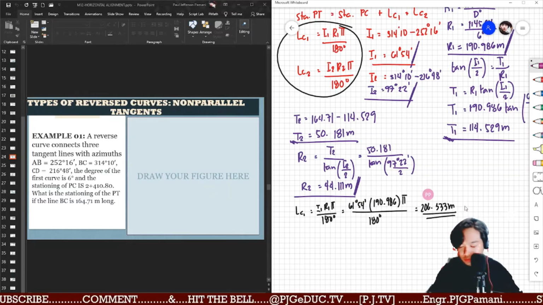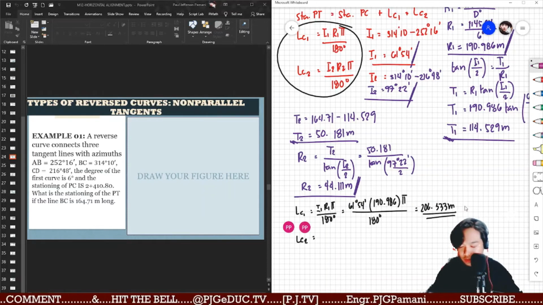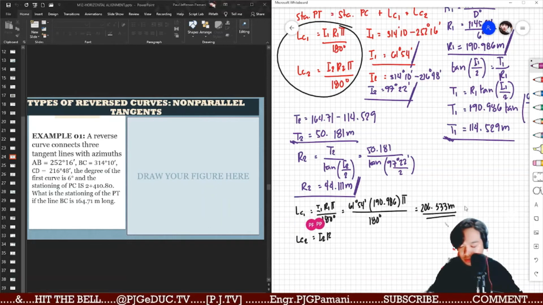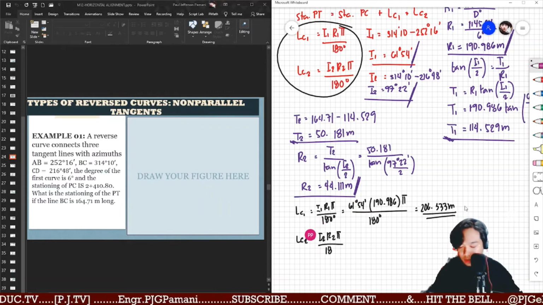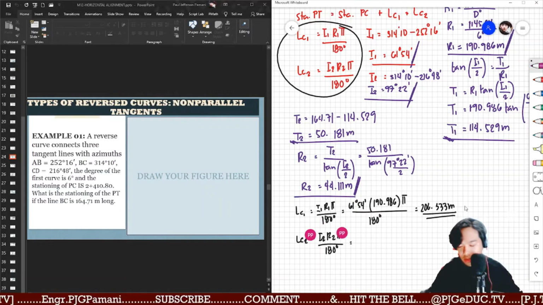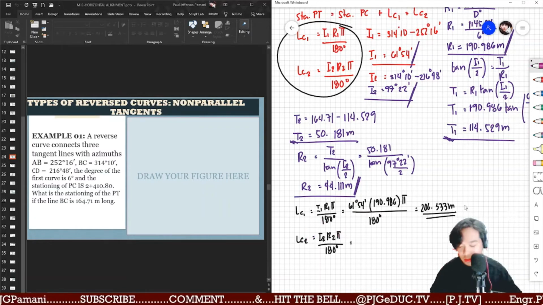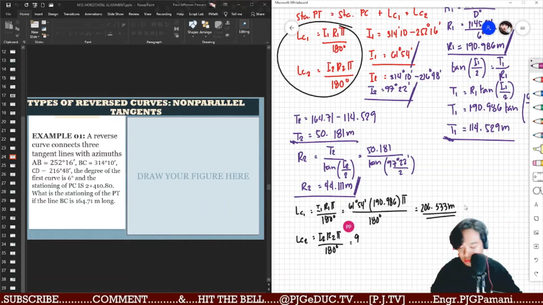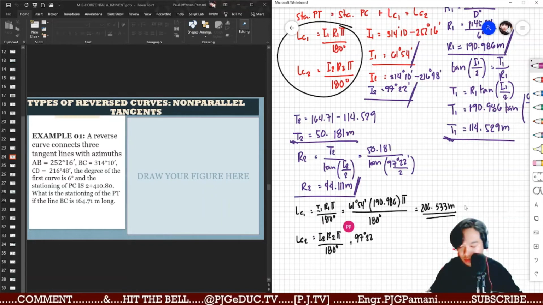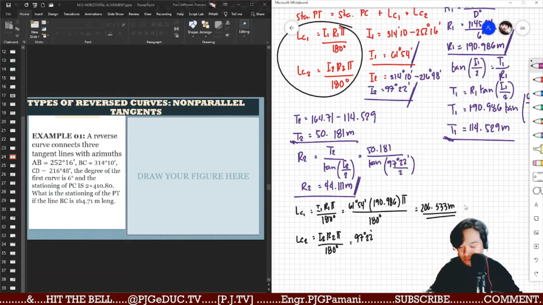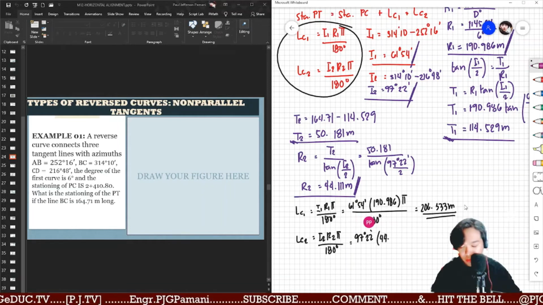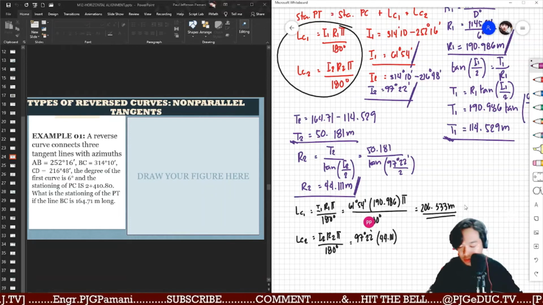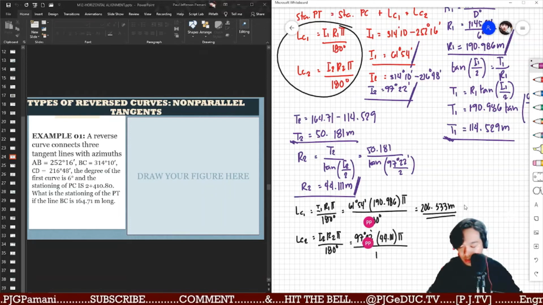Same goes for the length of the second arch. Angle of intersection of the second curve times its radius times pi over 180 degrees. Again, 97 degrees 22 minutes times radius 44.111 times pi over 180.